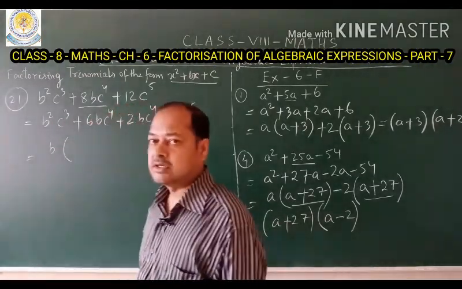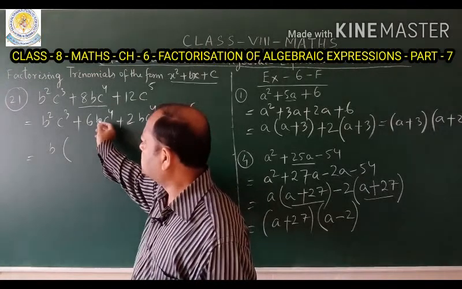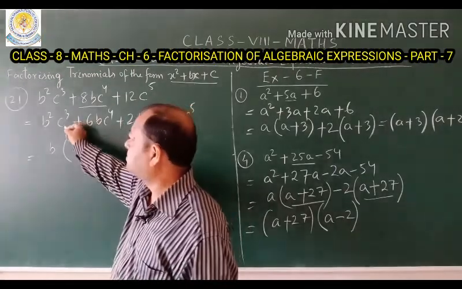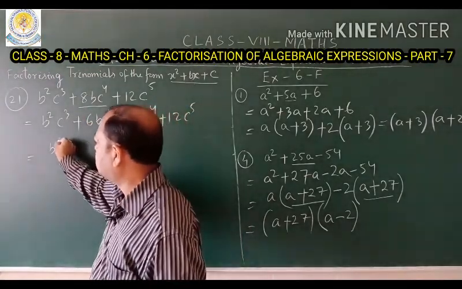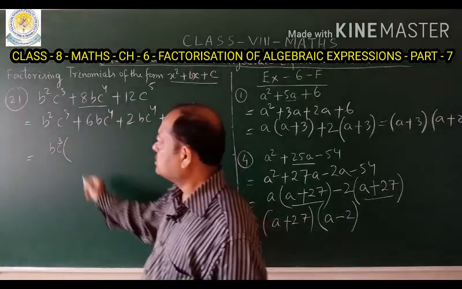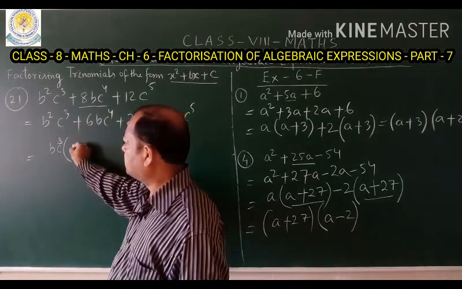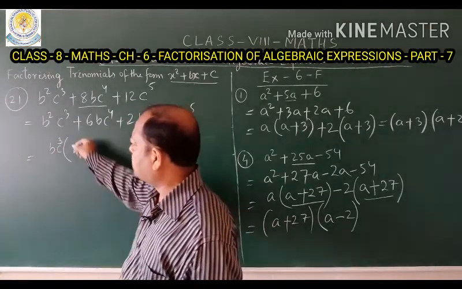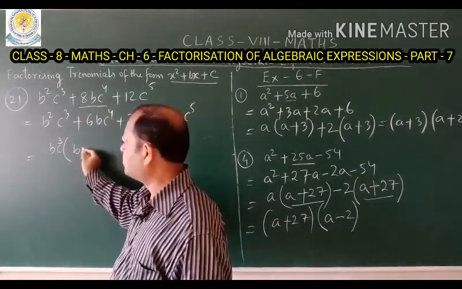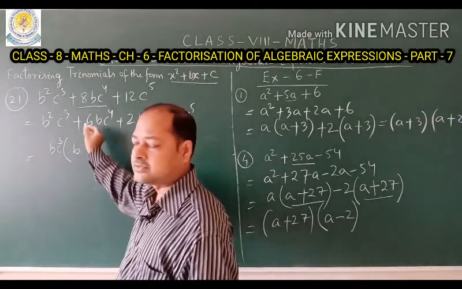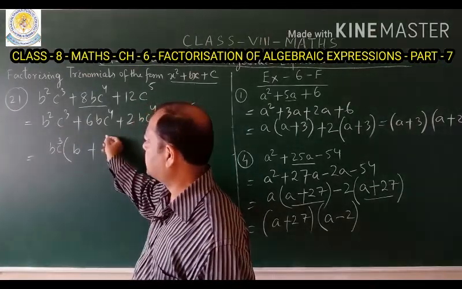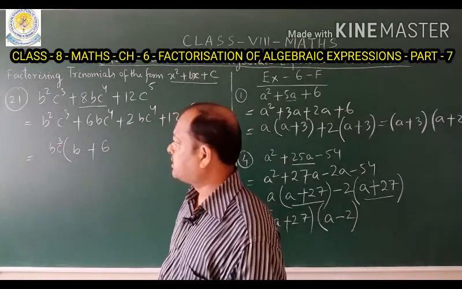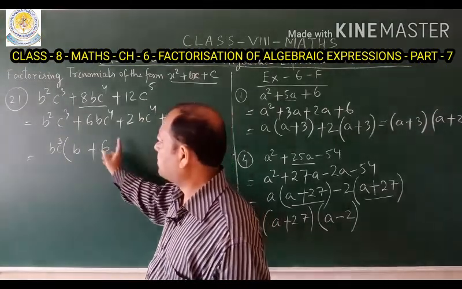Take b as common. And here c to the power 4, here c to the power 3. So take c to the power 3 common. So what is left here? b is left, because b into b is b square. And c to the power 3 has already gone as common, so no need to write it. Plus, here 6 is not common, b is already taken common.